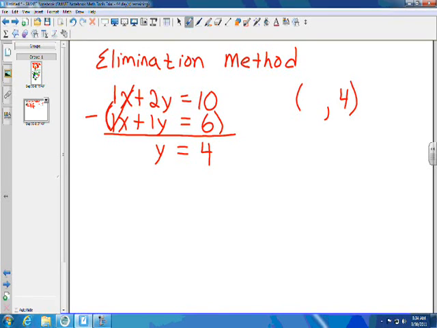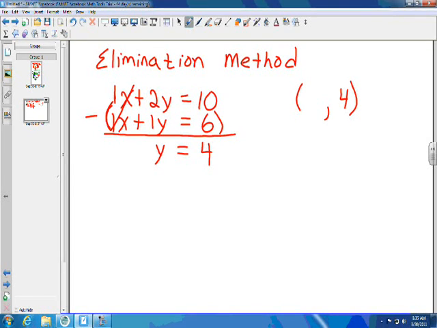How would we get the x value? Plug it into what? Which one? Plug it into either one of the originals. With elimination method, you plug this value into either one of the original equations. Doesn't matter which. It just has to be an original.